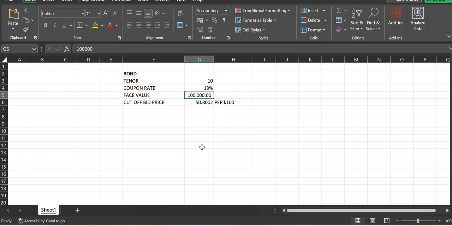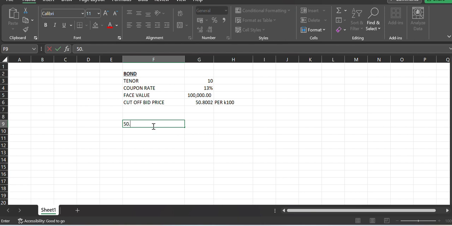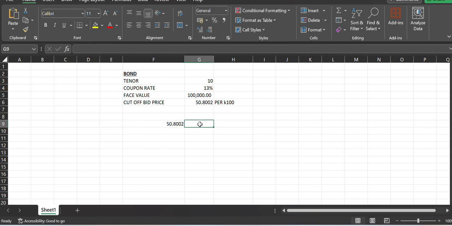So let's do some direct proportional mathematics. If 50.8002 is the cost per 100 kwacha face value, but we want to invest for a face value of 100,000 kwacha. Again, 100,000 kwacha is the face value, and the face value is what you get after the tenor, after the period of the bond.